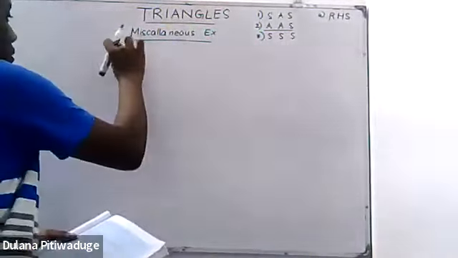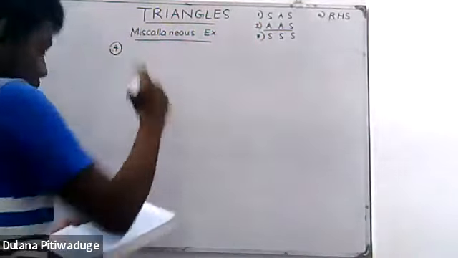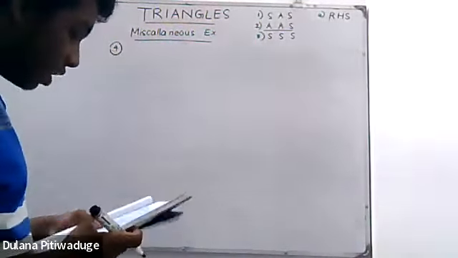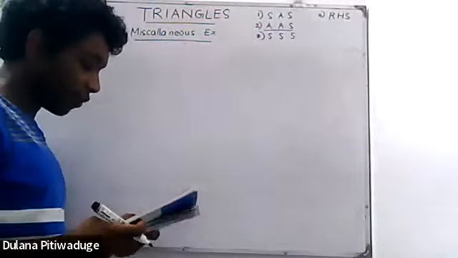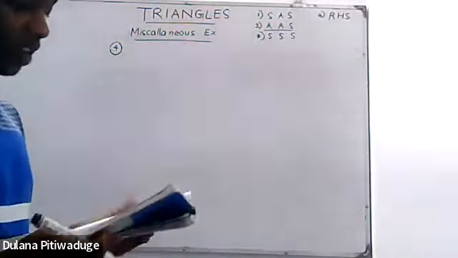Question number 4. ABC in the figure is an equilateral triangle. The midpoints of AC and AB are E and F respectively.